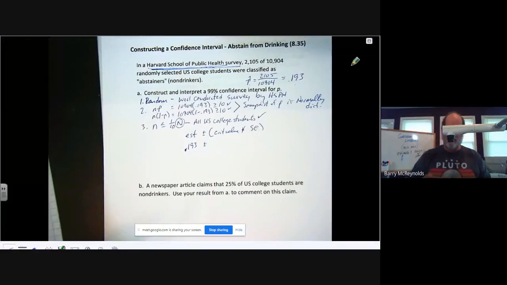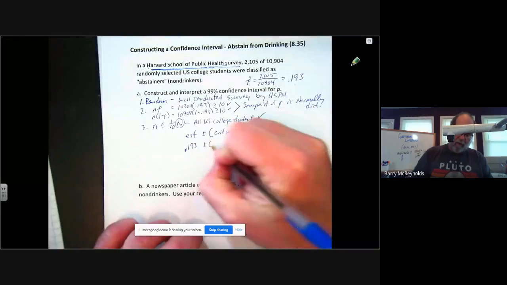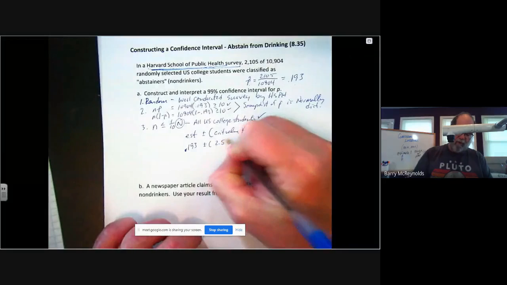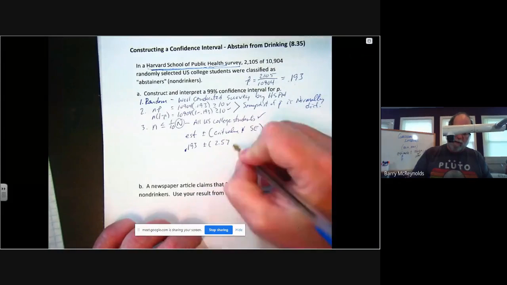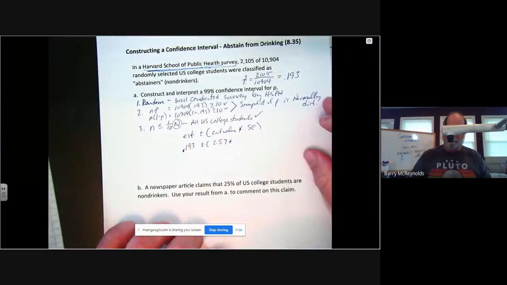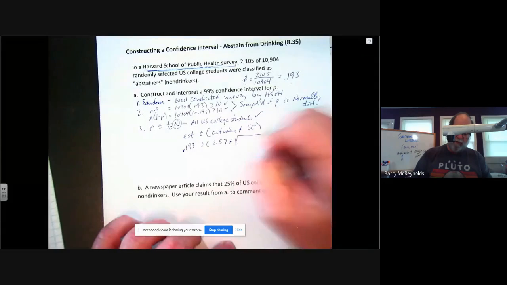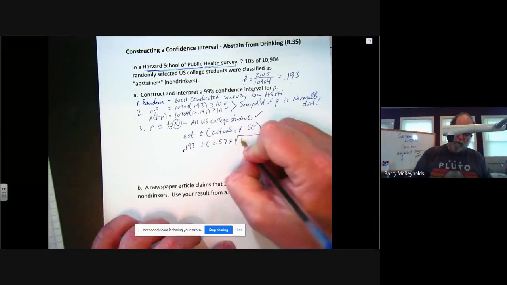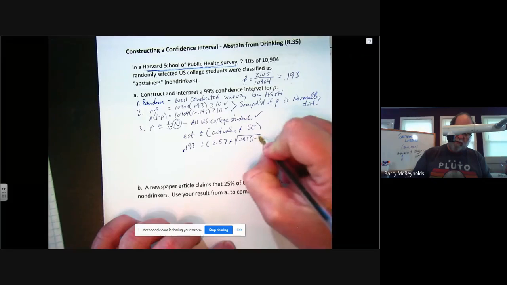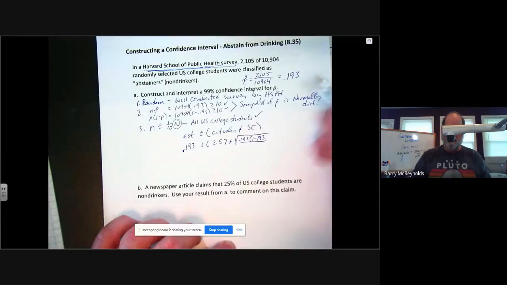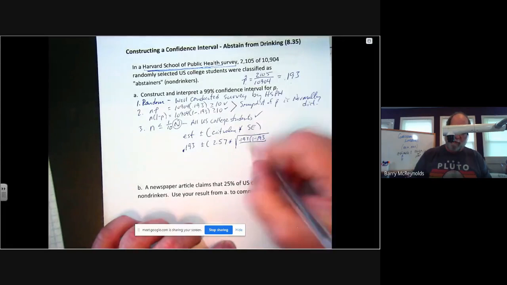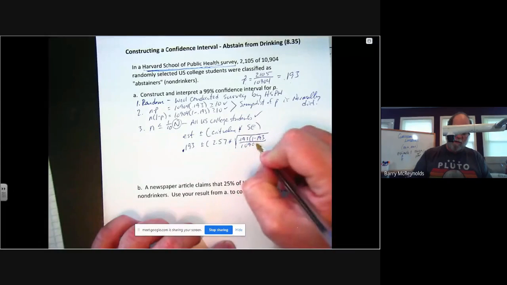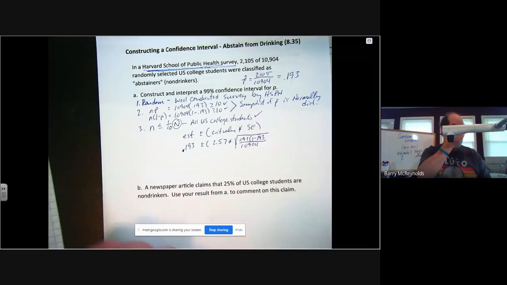So we're going to pick the critical value to be 2.57 times the standard error, which is just the square root of 0.193 times 1 minus 0.193, all divided by the sample size, 10,904.